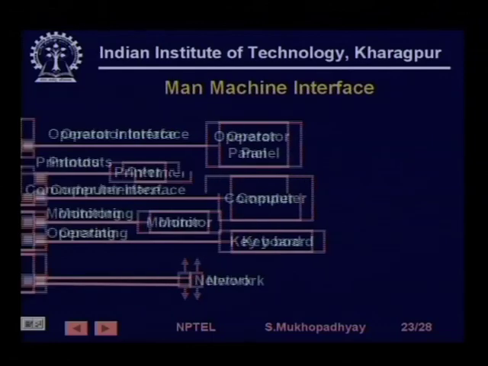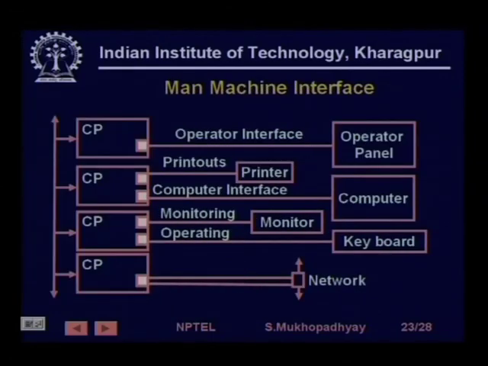So, there could be a variety of man machine interface devices which need to be interfaced with a PLC, starting from operator panels to monitors to PCs to keyboards to printers. So, all these it is possible to interface.